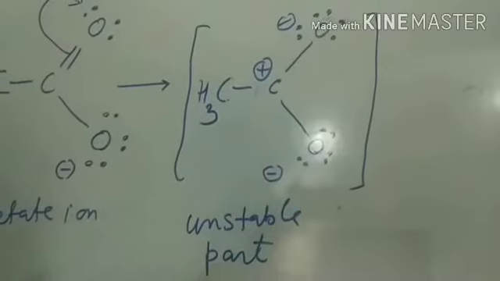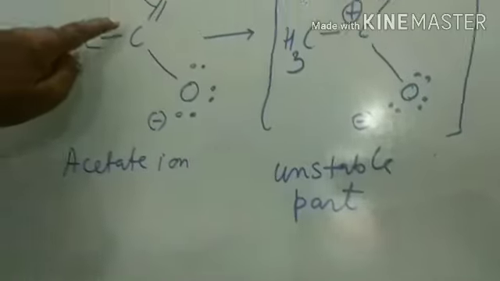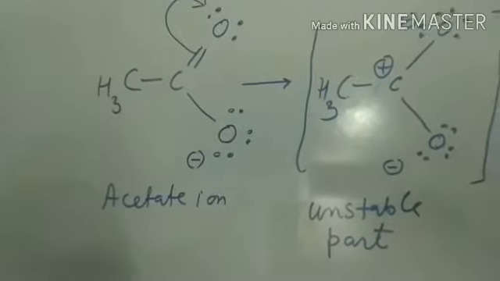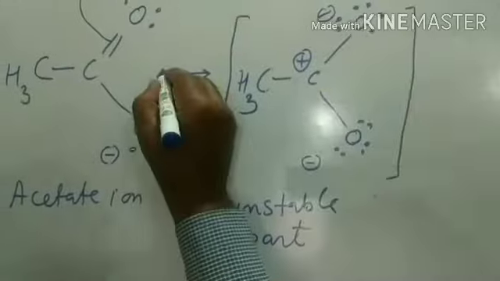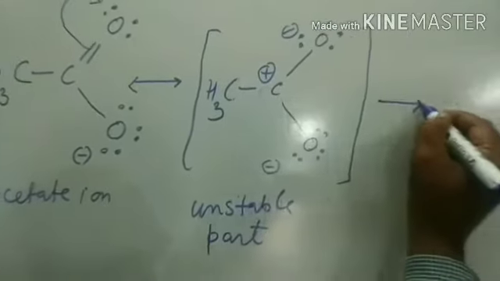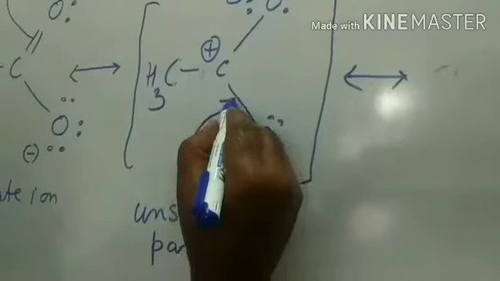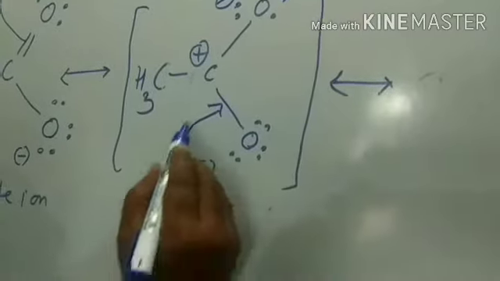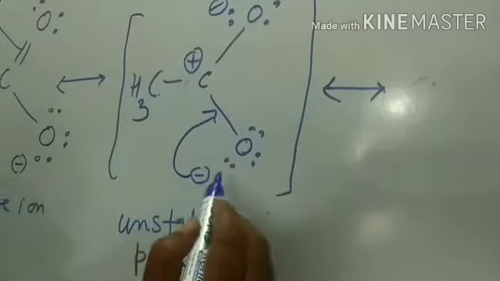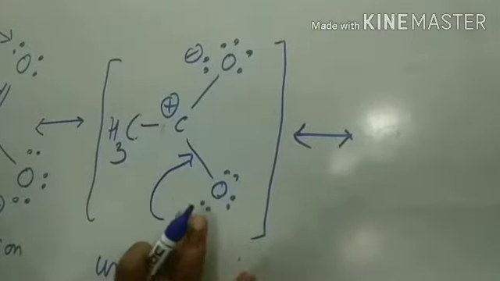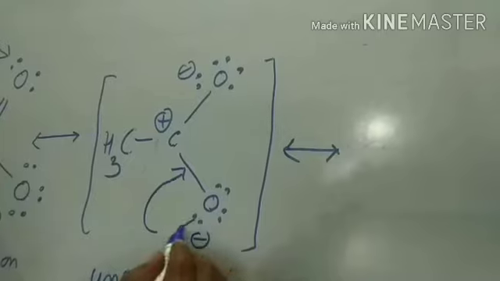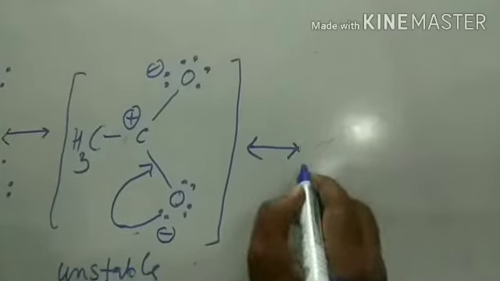I show it to you only to understand the migration of the electrons. Otherwise, no need to show it. Now, in the second phase, this goes over here. The curved line shows the transfer of electrons. So this transfer of electrons is from this lone pair.